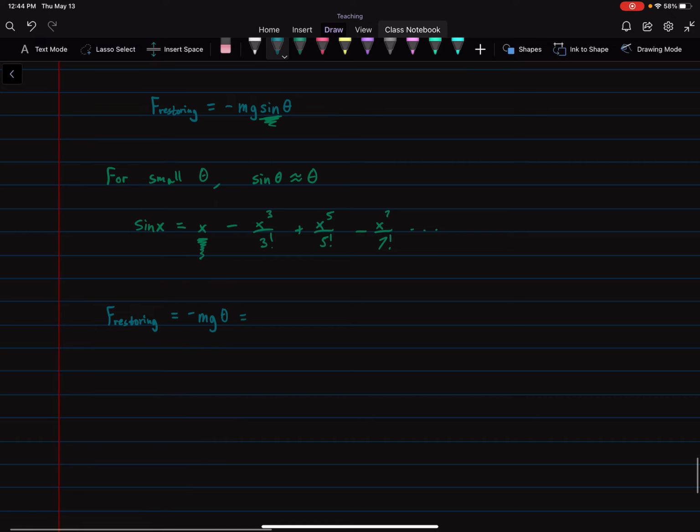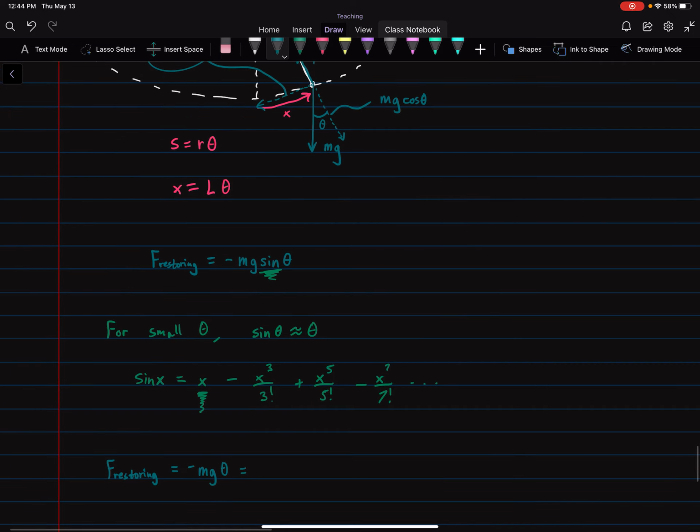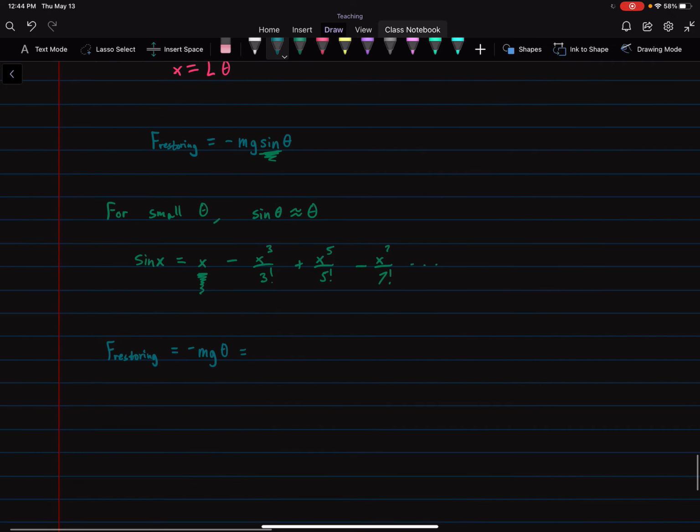And we know from arc length that theta is equal to x over L. So that would be negative mg x over L, or just to write it a little bit more obviously, negative mg over L x. So now we have it directly proportional with this proportionality factor here, negative mg over L.